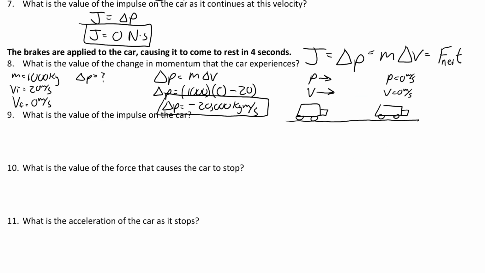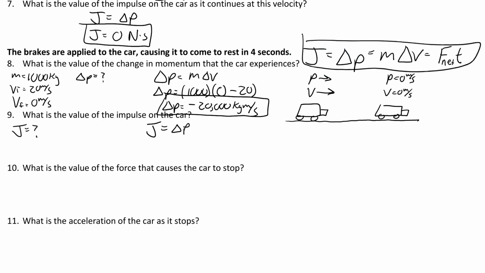Now it says, what is the value of the impulse on the car? And again, we're looking for J, the impulse. So we better use that part of the equation, and we already know the change in the momentum, so we can use that part of the equation. Even though the impulse-momentum theorem looks really complicated because it's this big, long string, sometimes you'll luck out and they'll ask a question like that.